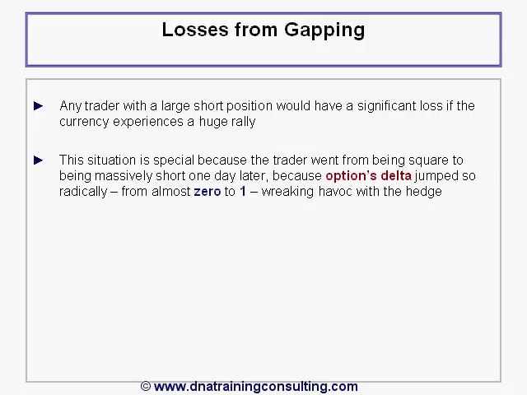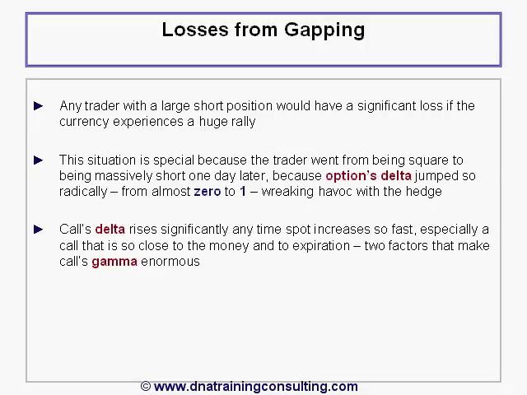While any call option's delta would increase substantially if the spot increased by such a large percentage in such a short time, what made this case so extreme was that the option was very close to the money and had so little time left until expiration.